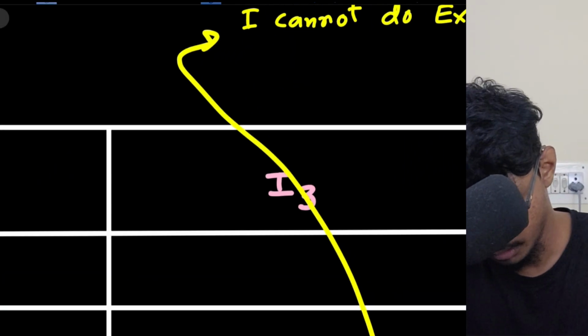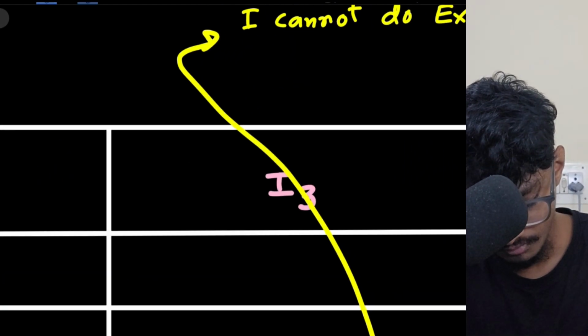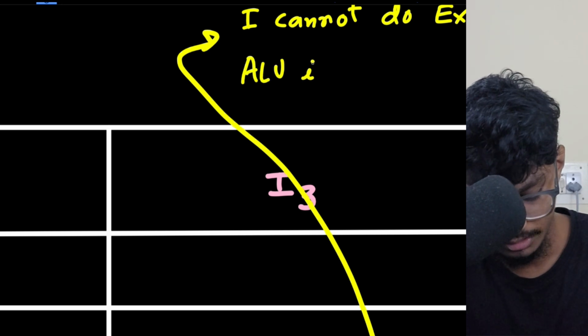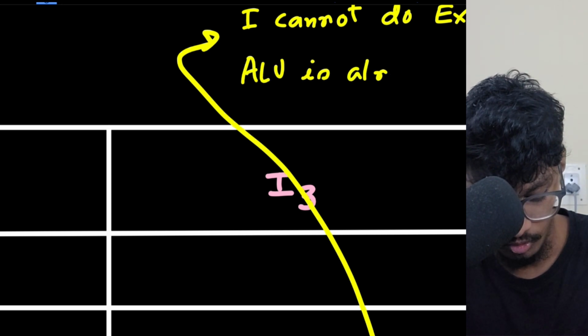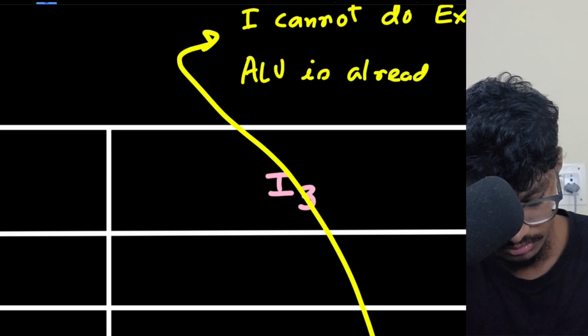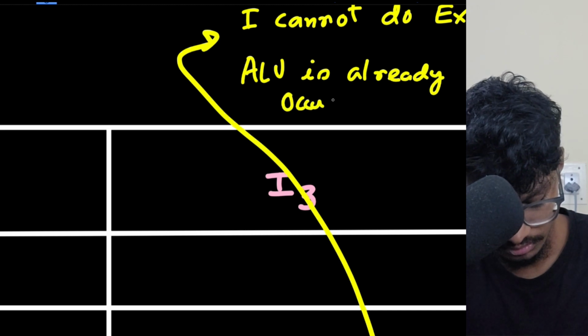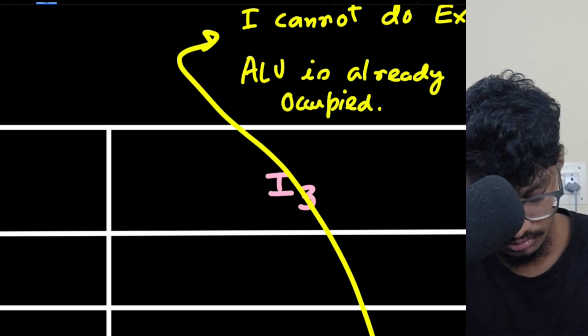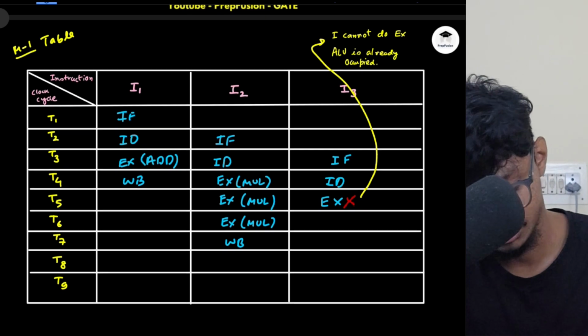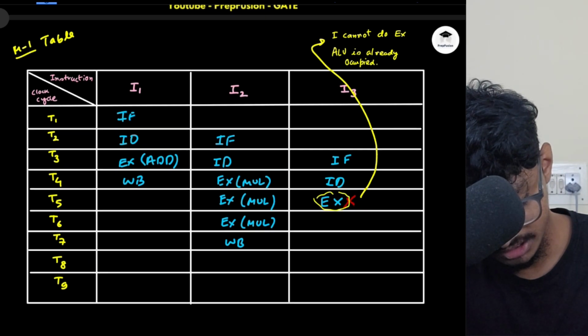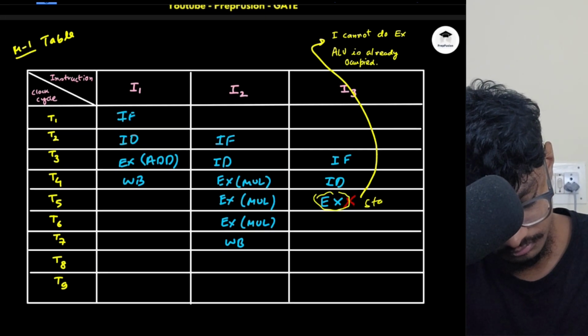The ALU is already occupied in the previous instruction. So I cannot use execution here. I have to provide a stall.